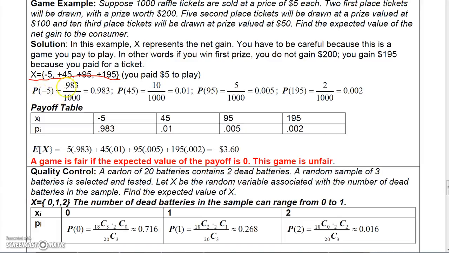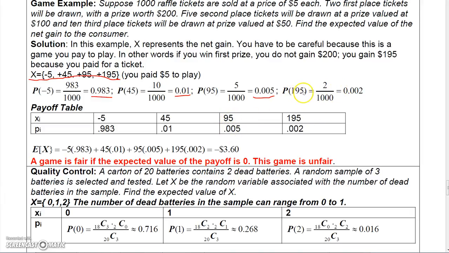Well, if you look up here, there's 983 losers. So the probability that you lose $5 is 0.983. There's 10 winners for the $50, which would be $45. So there's a 0.01 chance that you're going to net $45. For the $100 prize, which nets you $95, there's a 0.005 probability, so you put that down here with the 95.